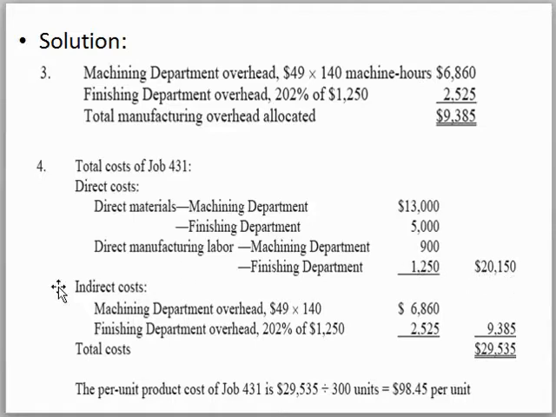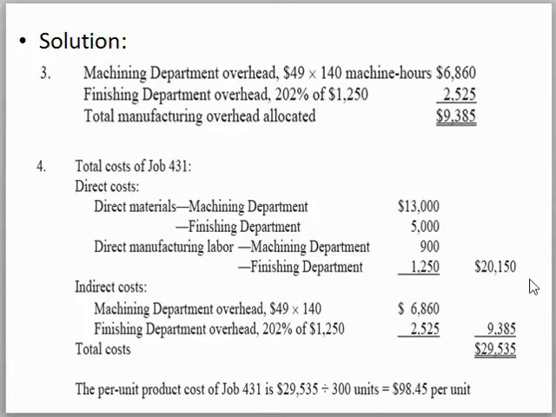$20,150. And for the indirect cost, for the machining department, overhead 49 multiplied by 140, 6,860, and finishing department overhead 202% multiplied by 120,250, we will get 2,525, which is the total overhead for both departments, 9,385.